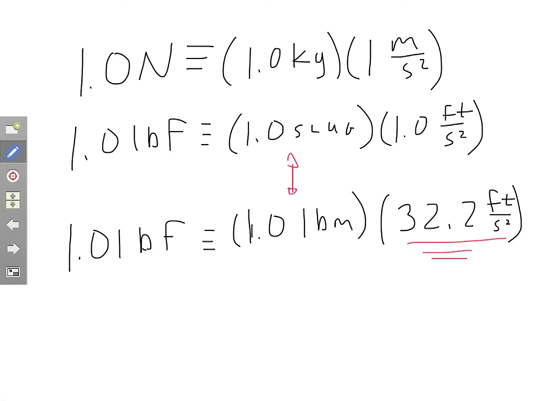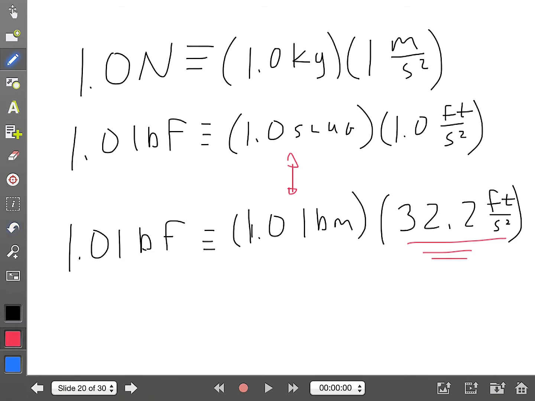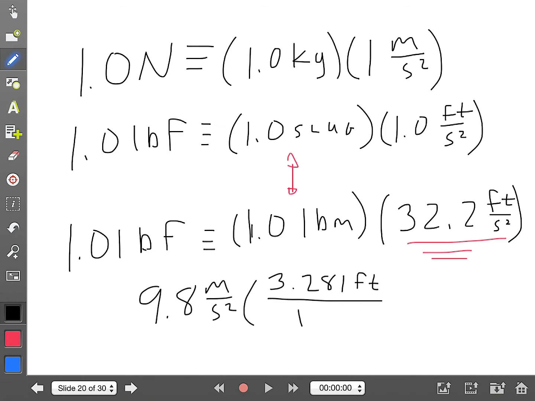Now, one thing that I wanted to show you, interestingly, is 9.8 meters per second squared. If I multiply that by 3.281 feet per 1 meter, this is a conversion factor.